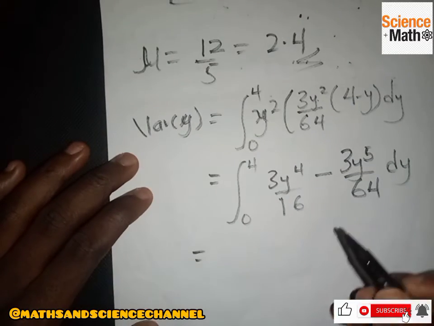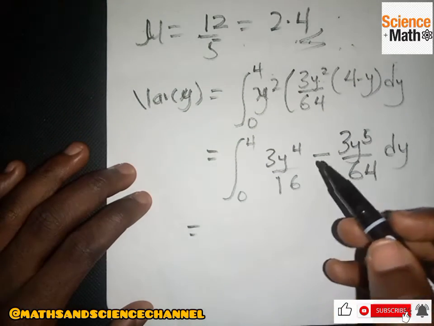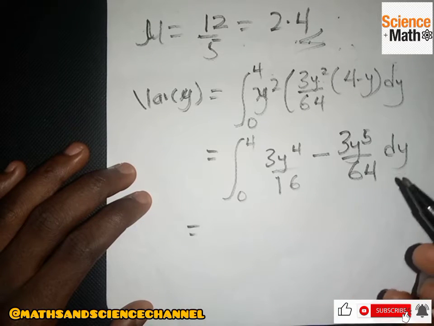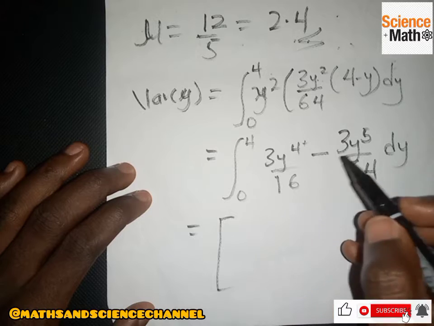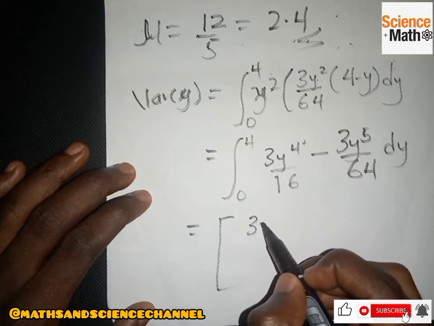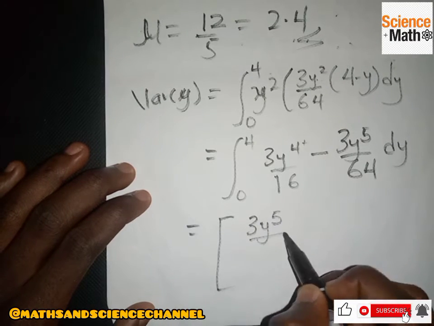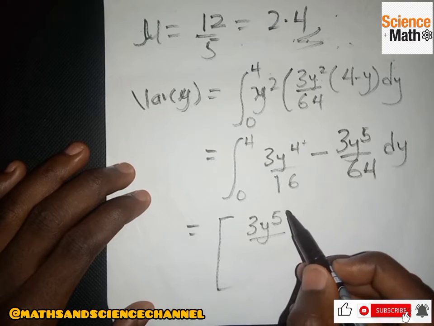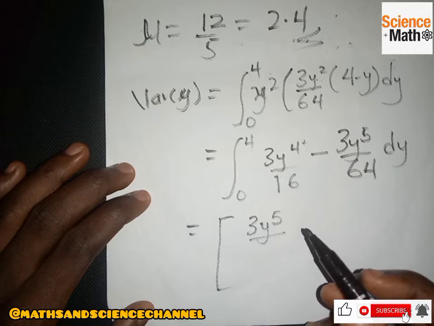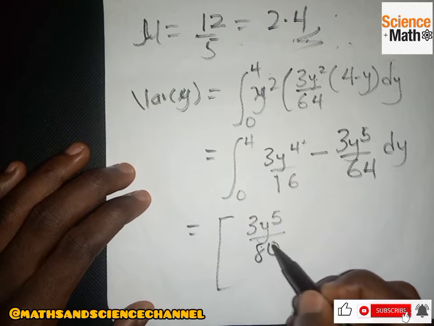So from here, what we do is integrate. We add 1 to the exponent, so it's going to be y to the power 5, divided by that. So 16 multiplied by 5 is going to be 80.